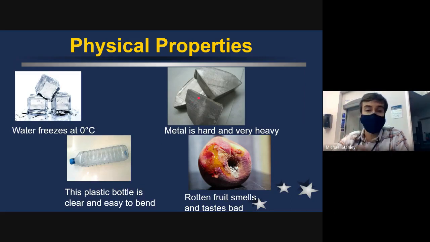Either things that we can see, like the shininess or the clearness or the color, things that we can feel, like the squishiness of the water bottle or the smoothness and the hardness of metal, things that we can measure, like the temperature of the water, or even things that we can smell and taste, like fruit that has gone real bad. So all of these are physical properties, physical descriptors of our matter, of our substances.